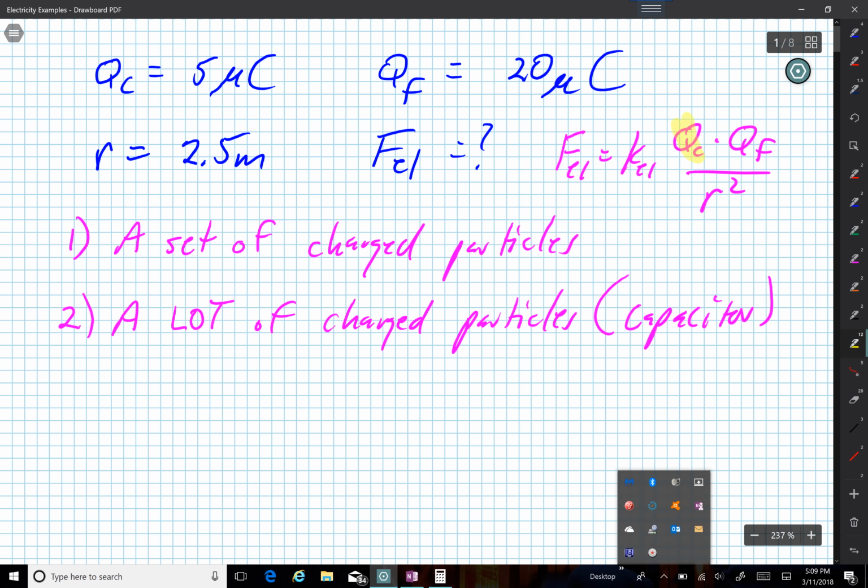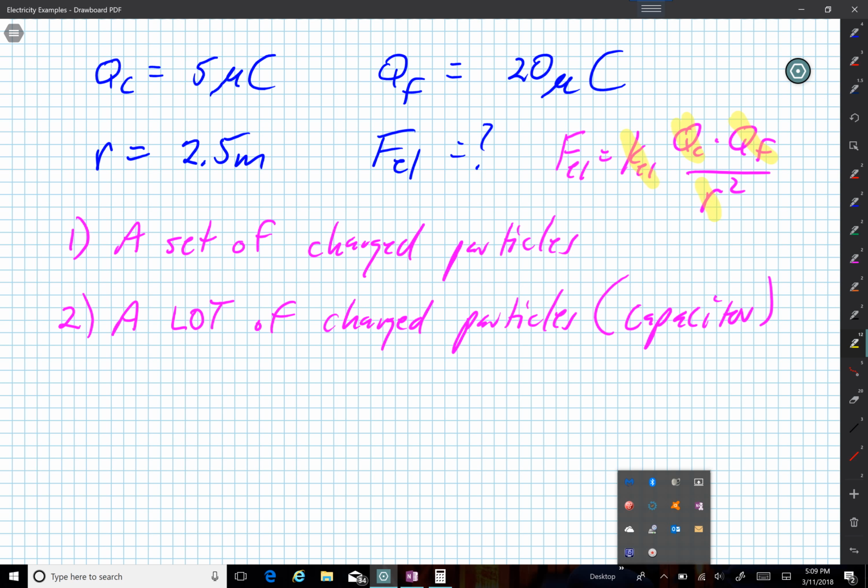I know QC, I know QF, I know R, and I know the electric constant. And so I can calculate the electric force, and in this problem, that's exactly what I'm trying to calculate. That's the question. So there's just a way, just putting down what you know, the given, again, the given, and what you're trying to find, and then look for some relationships and some principles that relate these things. So this is just going to be a plug and chug kind of problem. Just put the numbers in, crunch the numbers, and come up with the answer.